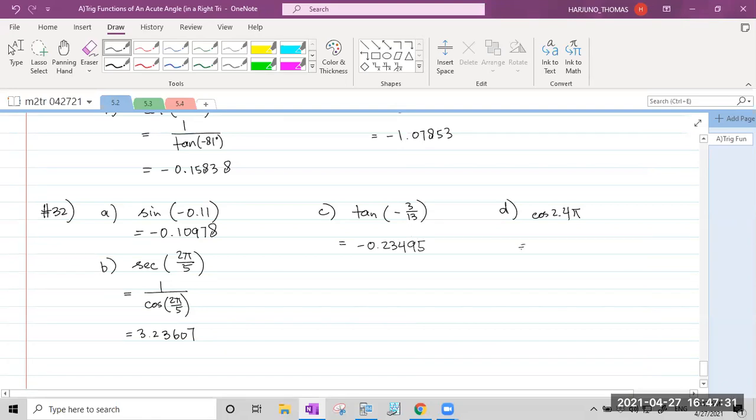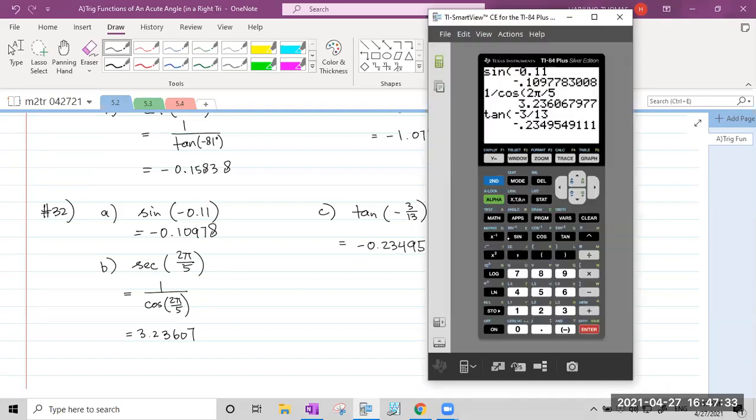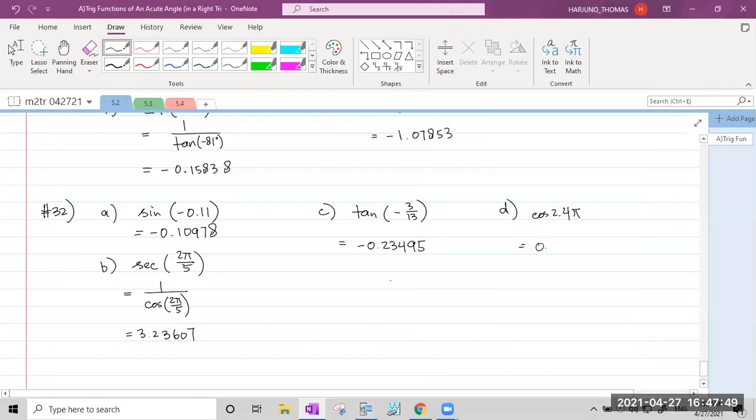And cosine 2.4 pi. Cosine 2.4 pi. Done. 0.30902.